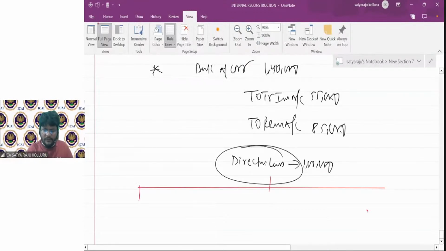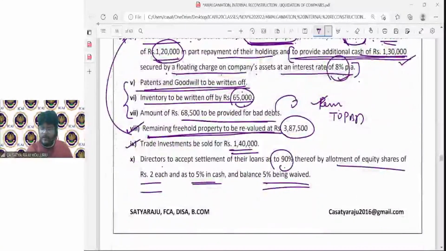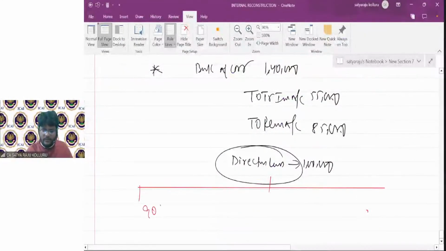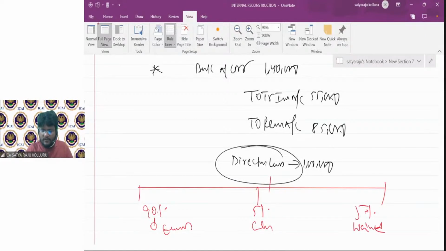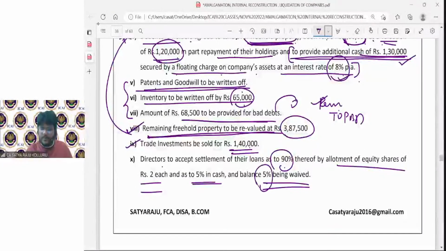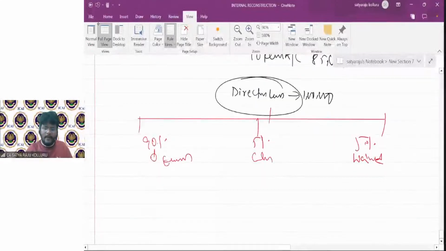Now, how are they discharging such director's loan? 90% through issue of equity shares, 5% cash, and the remaining 5% waived. Check, 5% is being waived off. Now, you need to cancel the entire director's loan of 1 lakh.